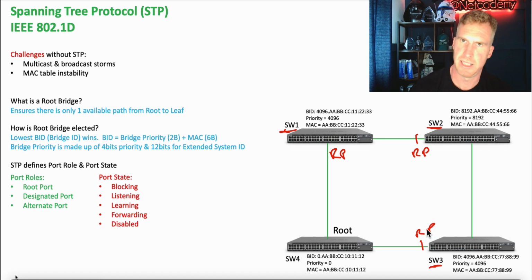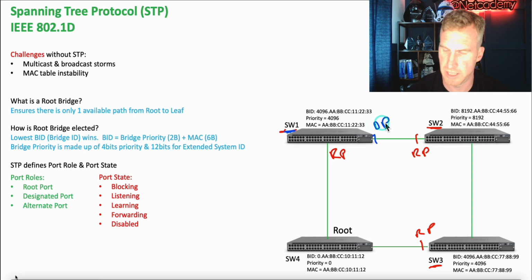The designated port is the interface that is not facing the root bridge, and I'll do this in a different color. So from SW1's perspective, on this interface here, it would assign this as a designated port. On SW4, it would have both of its own interfaces as designated ports, because it can't have a root port because it is the root bridge.